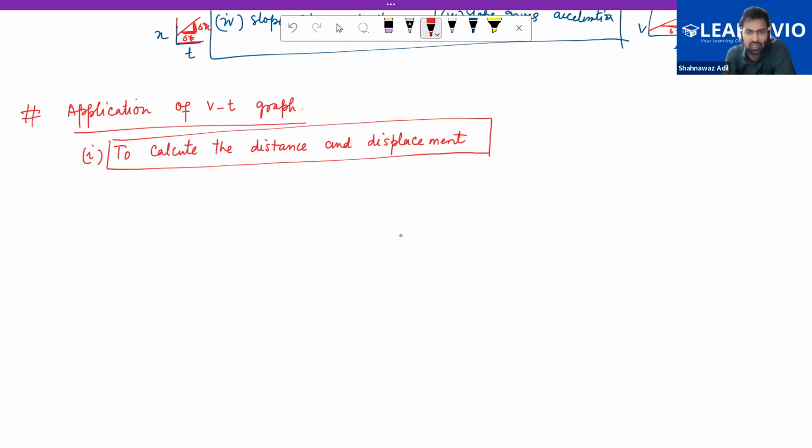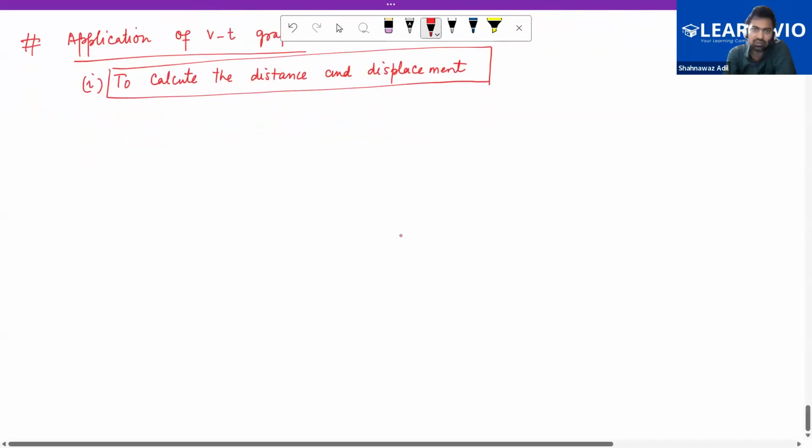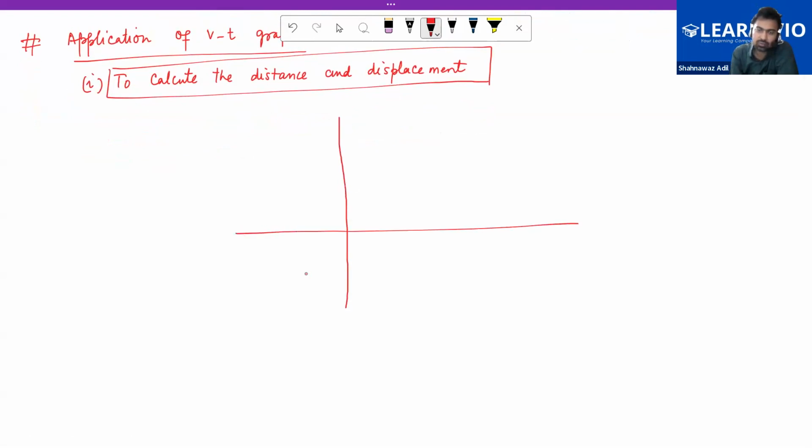Let's say we are given some vt graph, and this is the graph that we have. Let me start from here.